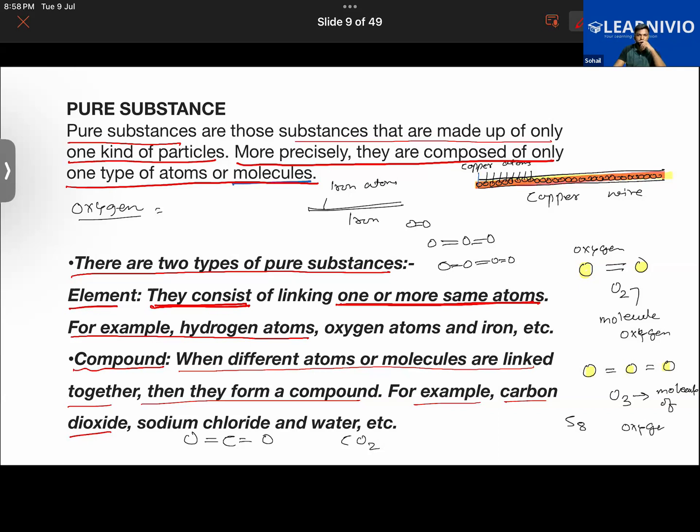Think of it. Does milk contain one type of particle in it? Milk contains different types of particles in it, no?